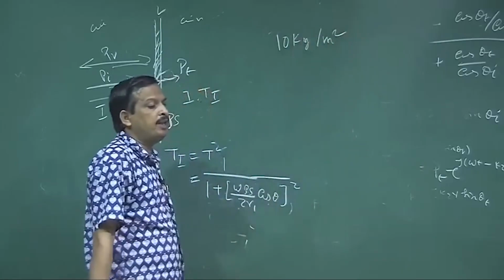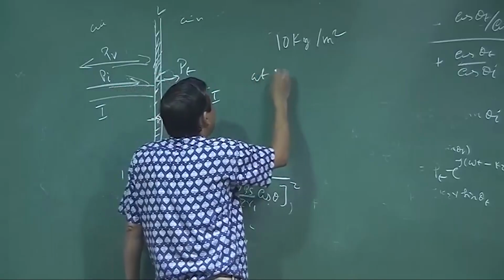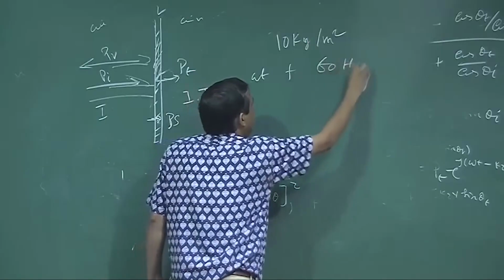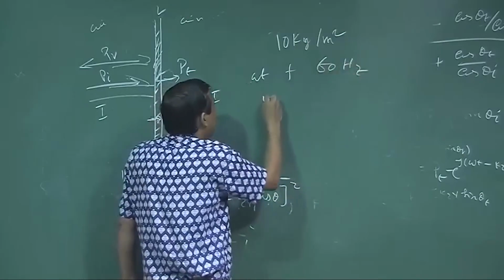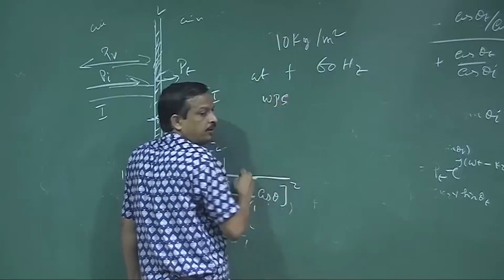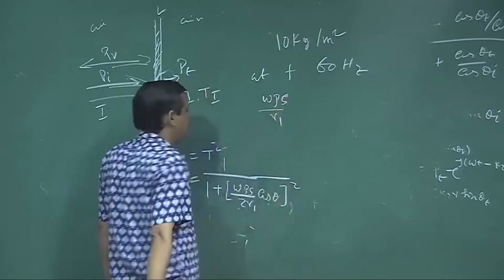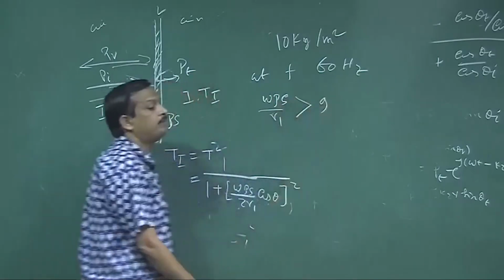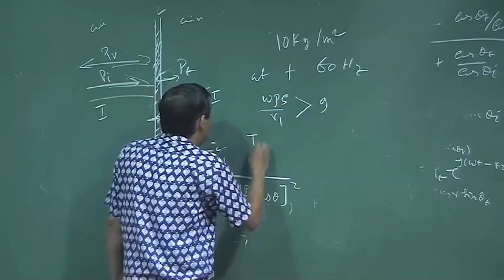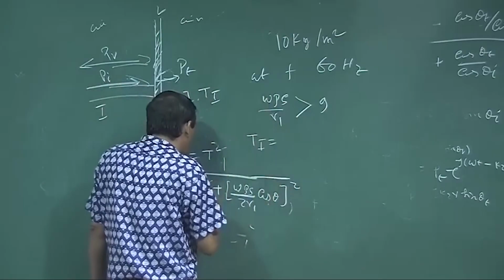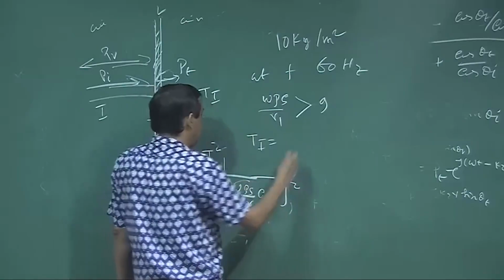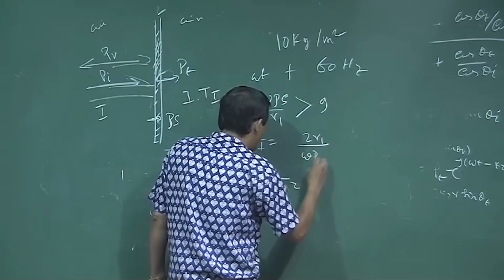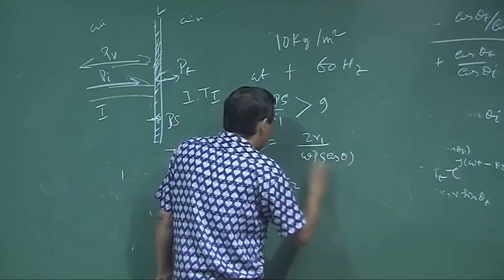At frequency f above 60 hertz, if I calculate omega rho s divided by R1, which will be greater than 9, then if I ignore the 1, this term is very large, and Ti is nothing but 2 R1 by omega rho s cos theta, whole square.